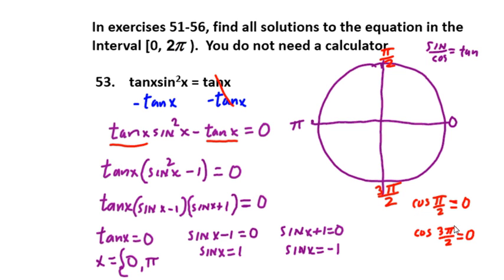Well, where the cosine is equal to 0, remember tangent is sine over cosine, so the function will be undefined at pi over 2 and at 3 pi over 2. So the only possible solutions we have are those we've already found in this first equation for tangent, which is x is either equal to 0 or pi.